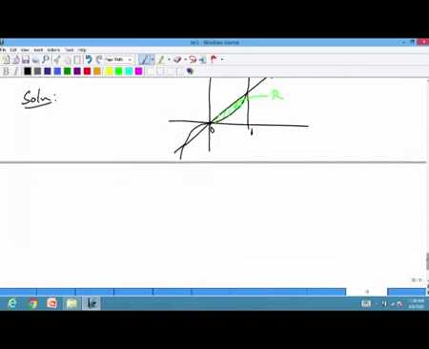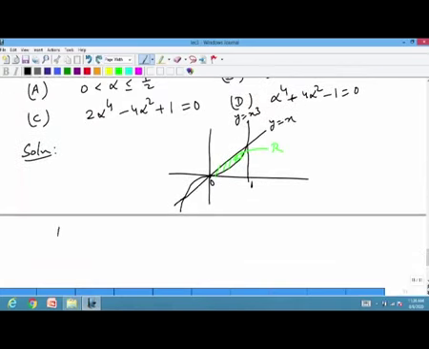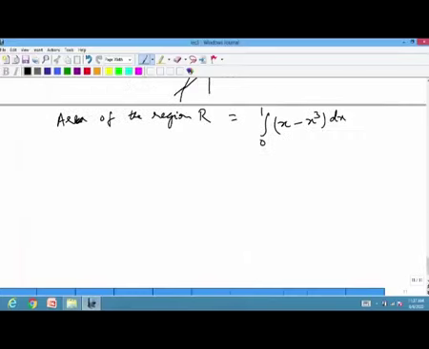So, first let us calculate the area of the region R. Area of the region R is equal to the integral from 0 to 1, where the upper curve is x and the lower curve is x cube, so x minus x cube dx, which is equal to x square by 2 minus x to the 4 by 4 between 0 and 1, which is equal to 1 by 2 minus 1 by 4.